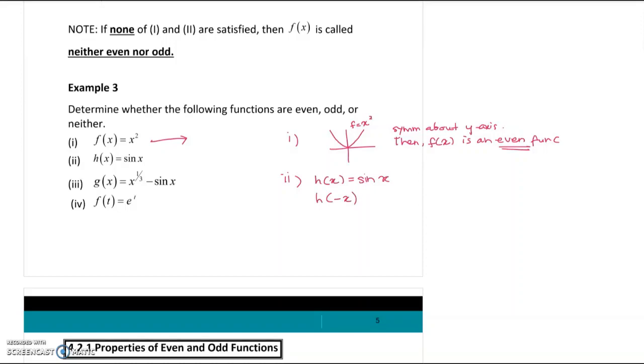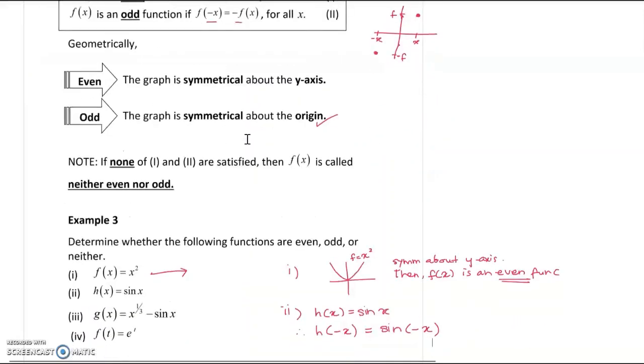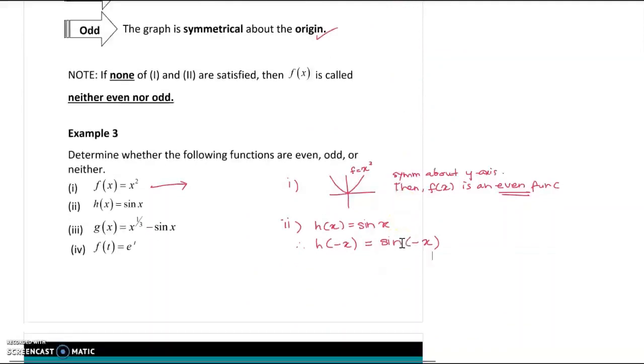So h(-x) means we replace x with negative x, and we try to deduce whether sine of negative x goes back to h(x) or to the negative of h(x), to determine whether it is even or odd, or does not go back to either one of them.